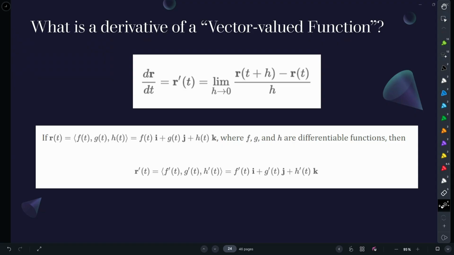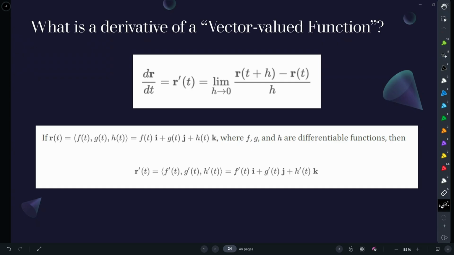So how are we going to find derivatives? If you carry out this limit, what happens is that if we think of r, as I did before, as a sum of components in i, j, and k, you get the derivative of each one of the components, if those exist.